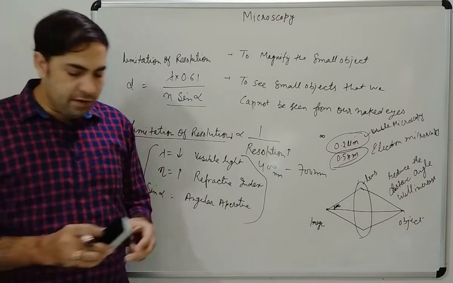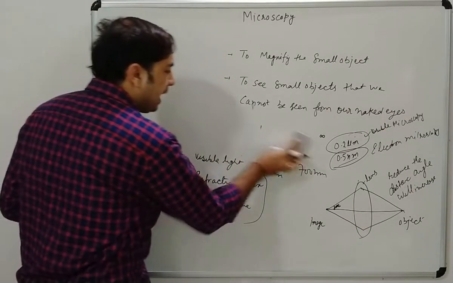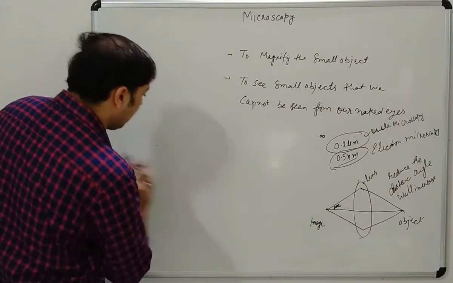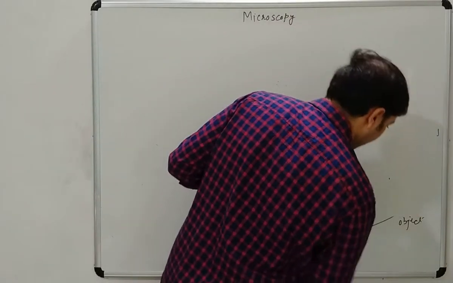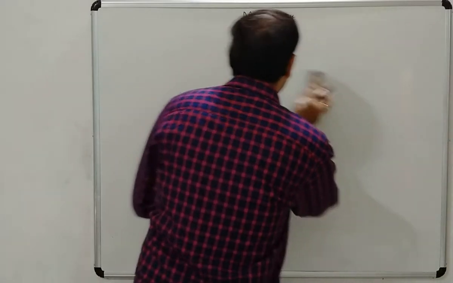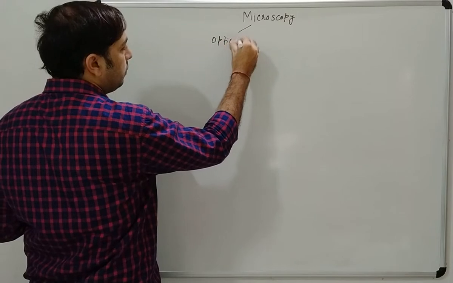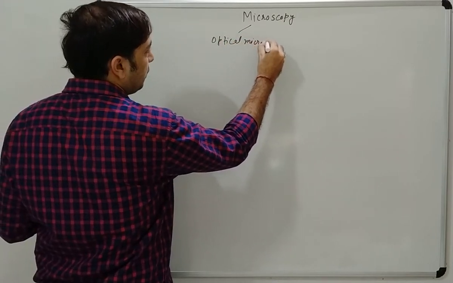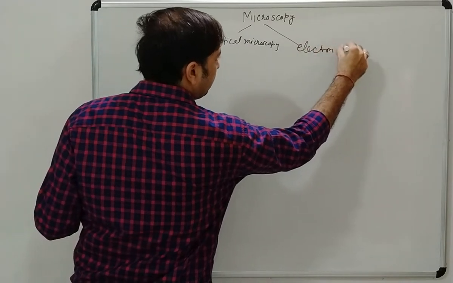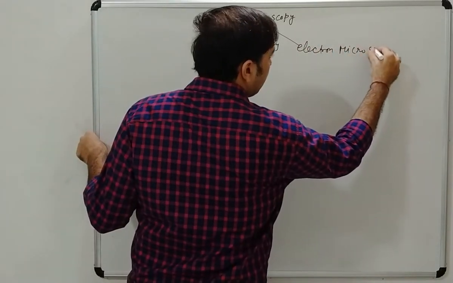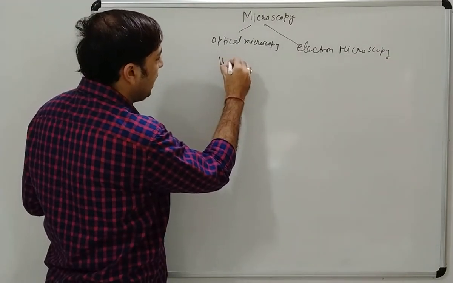So now we have microscopy. Two types of microscope are there. One is the optical or visible light microscopy, and one is electron microscopy. In optical microscopy, we pass visible light.